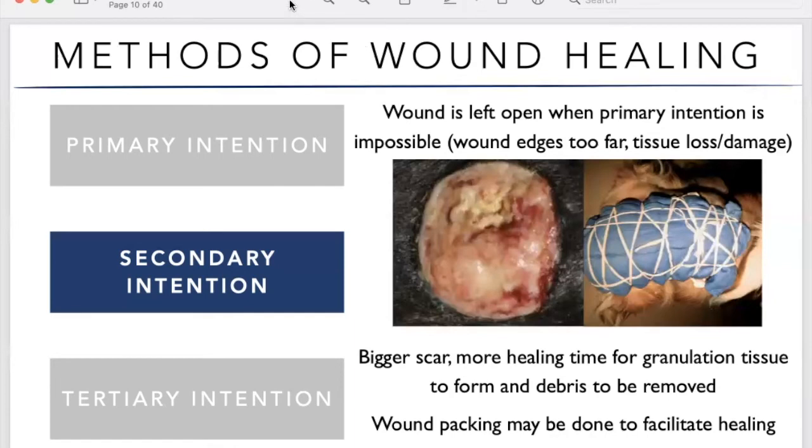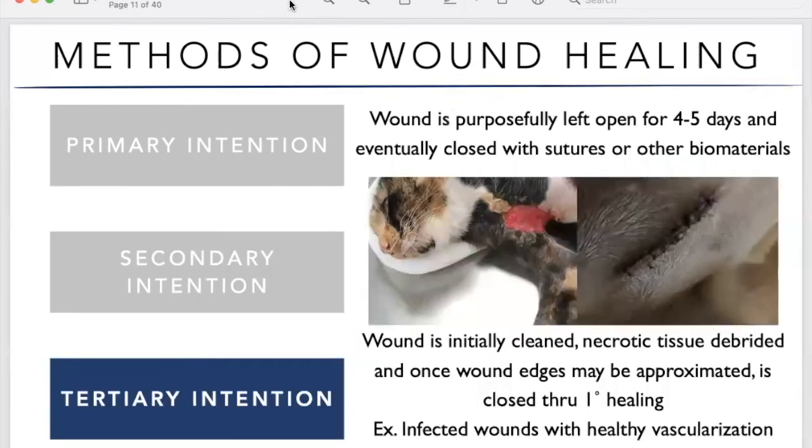And with tertiary naman, it's a combination of primary and secondary. Okay? With tertiary, the wound is purposefully or intentionally left open for 4 to 5 days. And kapag nag-contract na yung skin, just enough for you to suture it, you'll eventually use sutures or other biomaterials to suture it closed. Right?